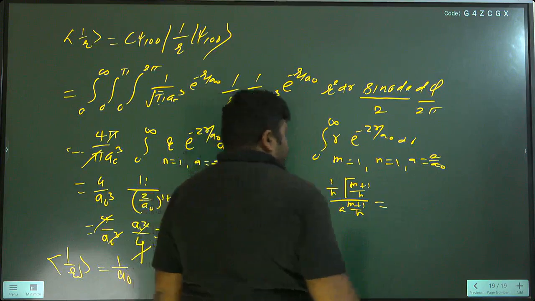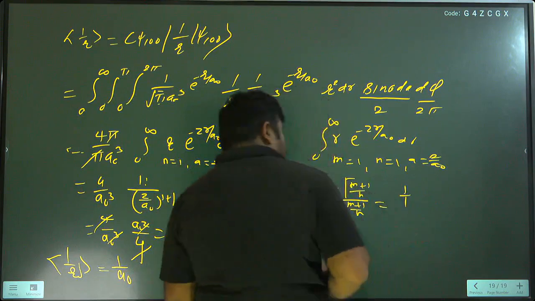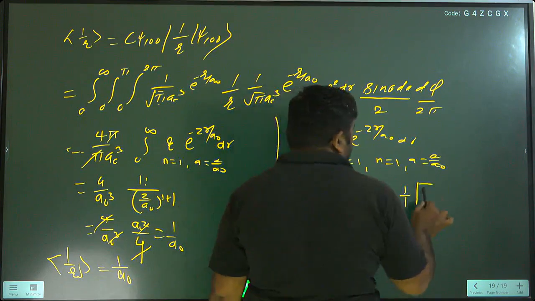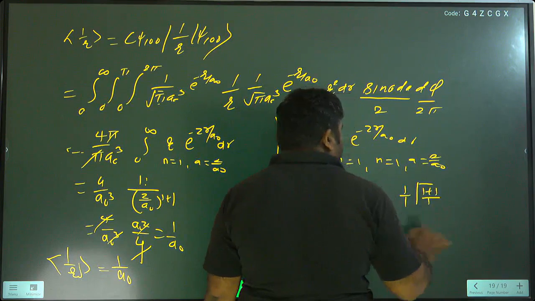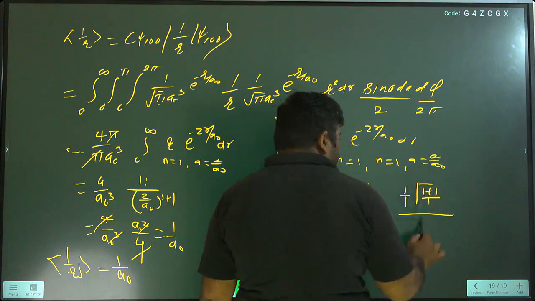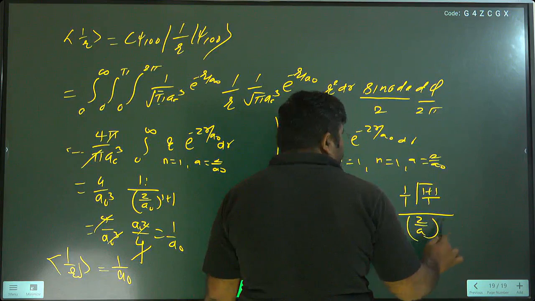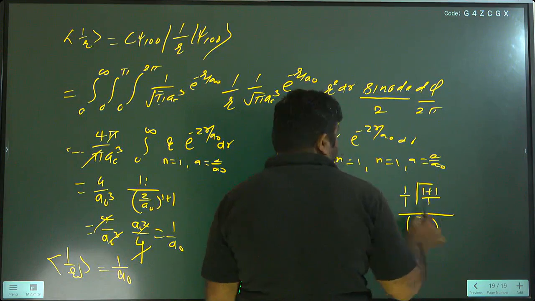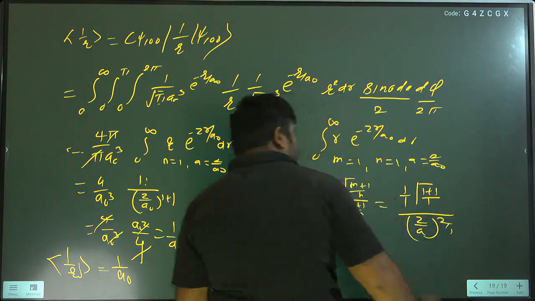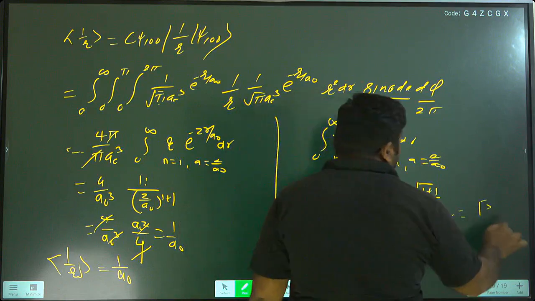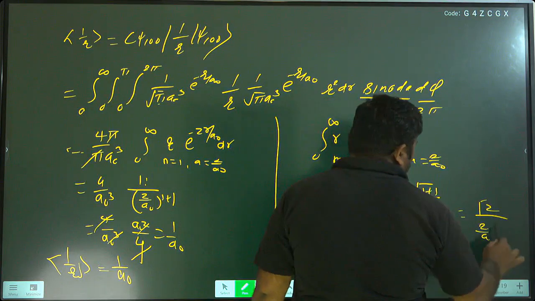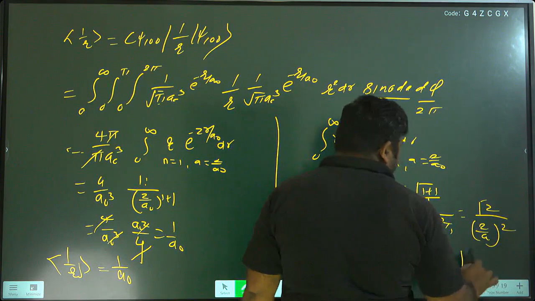What is the value of n? 1. What is the value of m? 1. What is the value of a? 2 upon a naught. So gamma 2 upon a bracket to the power 2, squared. And what is the value of gamma 2?